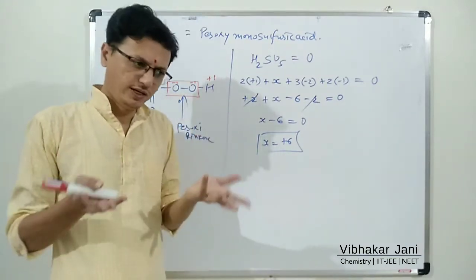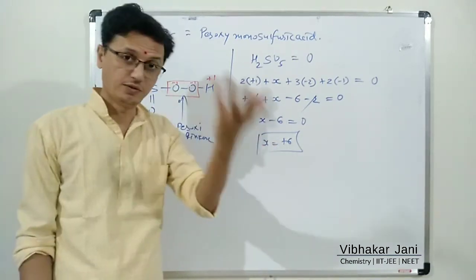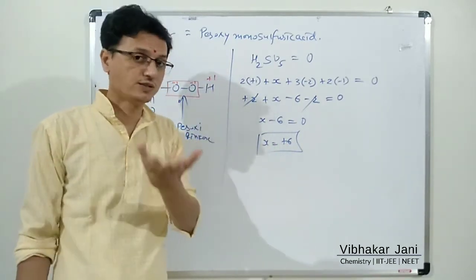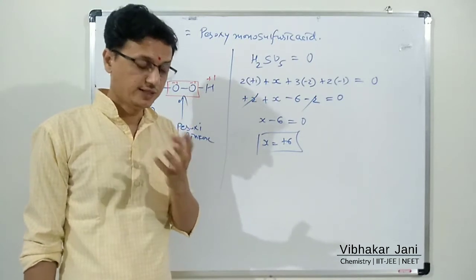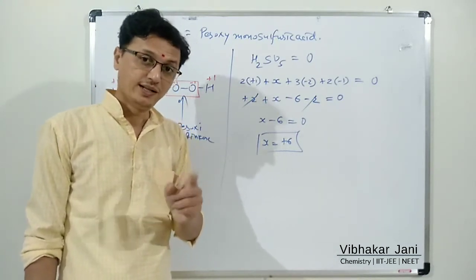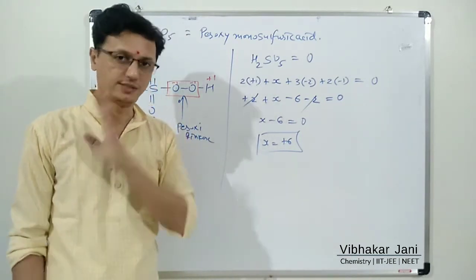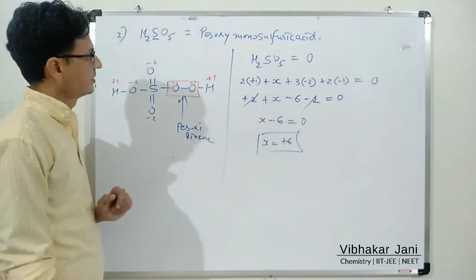Whether it is only normal sulfuric acid, then oxidation state will be +6, whether it is peroxymonosulfuric acid, oxidation state +6, and we will see one more example in which the word sulfuric acid will be there. Then definitely the oxidation state of sulfur will be +6. That we are going to see after you write the example.